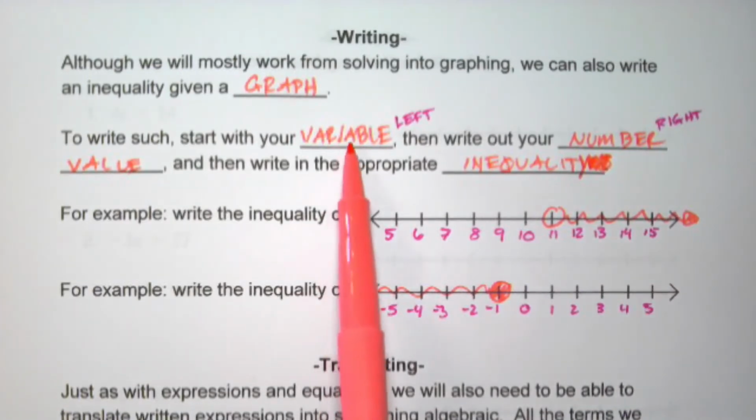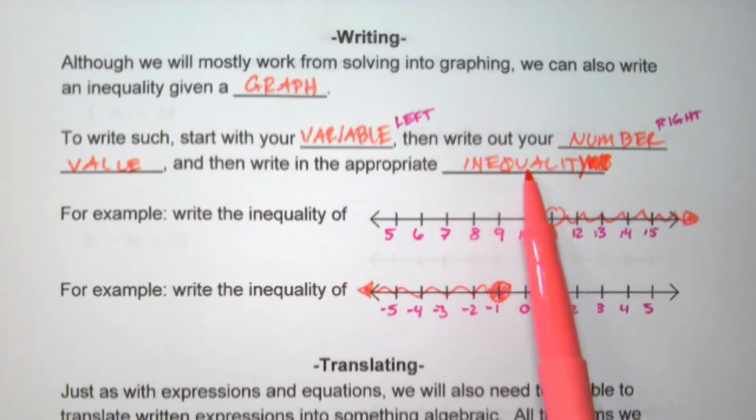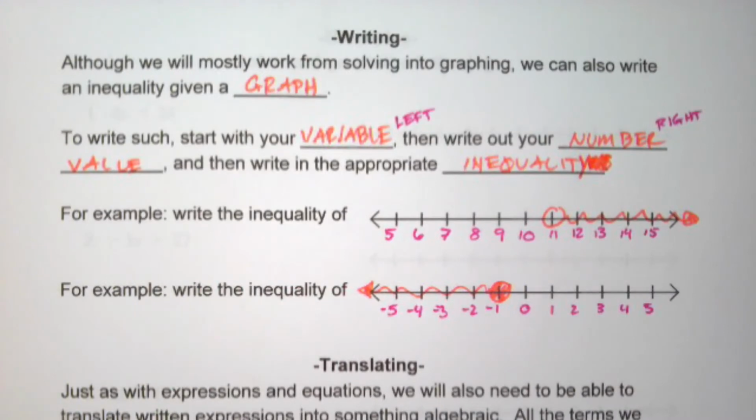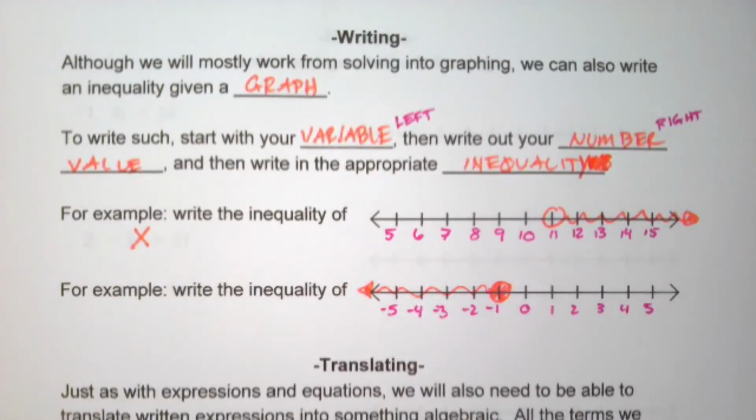So variable on the left, the number we're comparing to on the right, and then which of those 4 symbols is going to fit in between to make it true. So let's see 2 examples. Example number 1, right off the bat, I can write my variable. So say for this one, I like the variable x, but say for the next one, I like the variable a. Whichever one works best for you, you can pick.